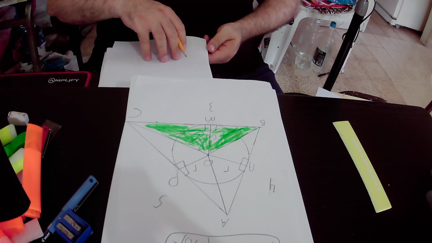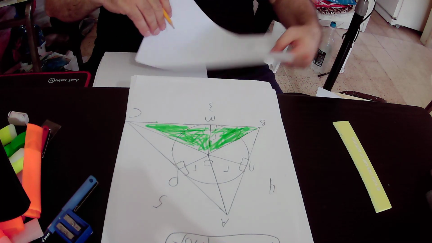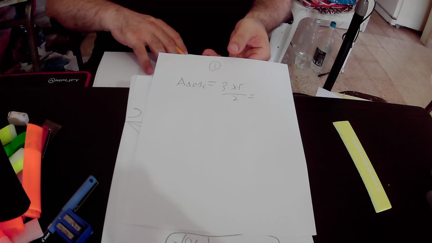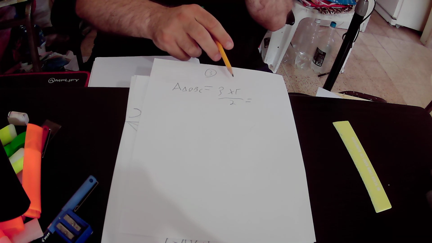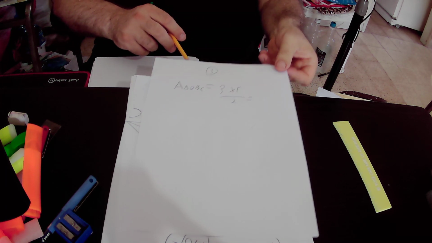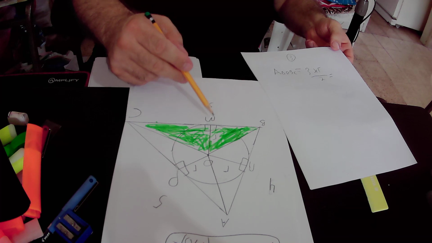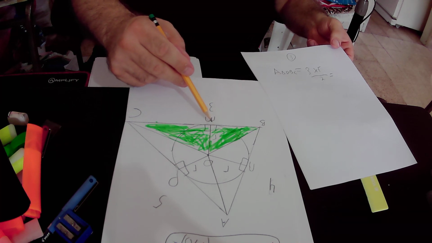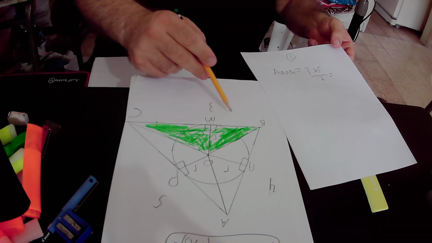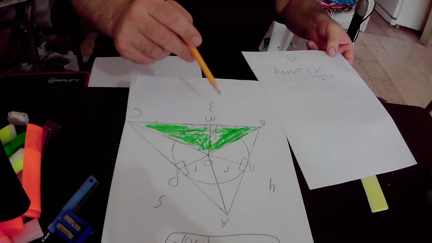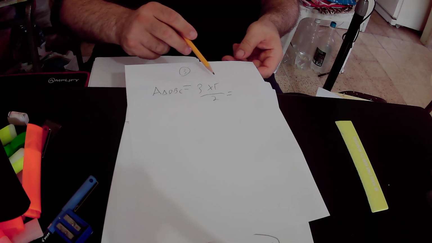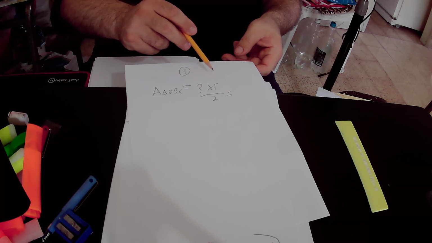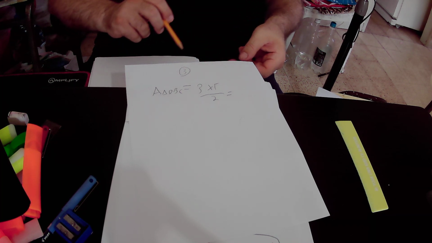Again, the area of the green triangle equals the base of the triangle, that equals 3 units, times the height. The height of the green triangle equals the radius, because the radius creates 90 degrees with the base of the triangle. So it is the base that is 3 times the height, that is R, divided by 2.